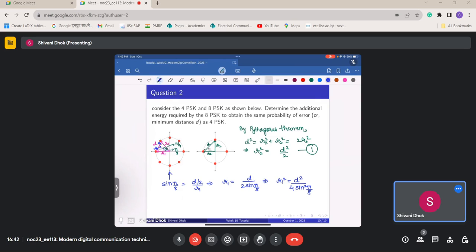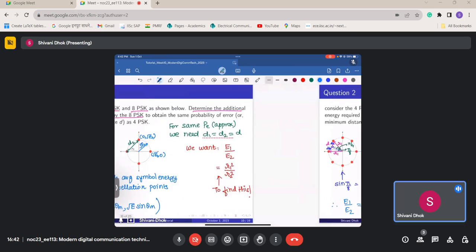So this we know. Therefore, what we have is E1 by E2 is equal to R1 square upon R2 square.